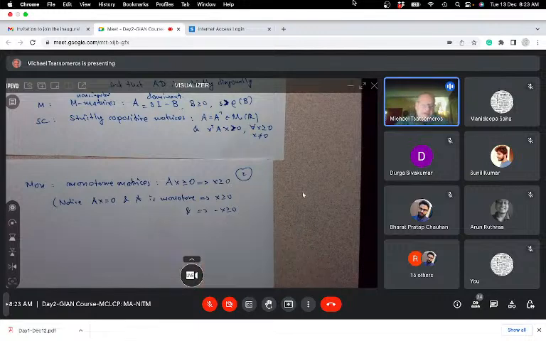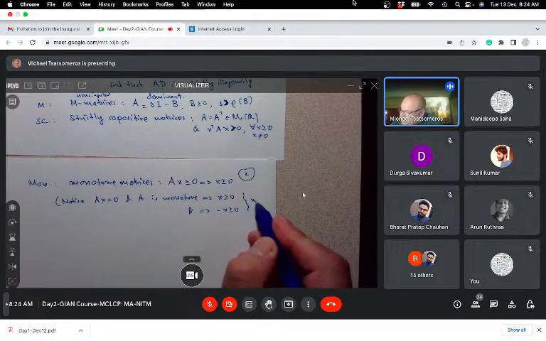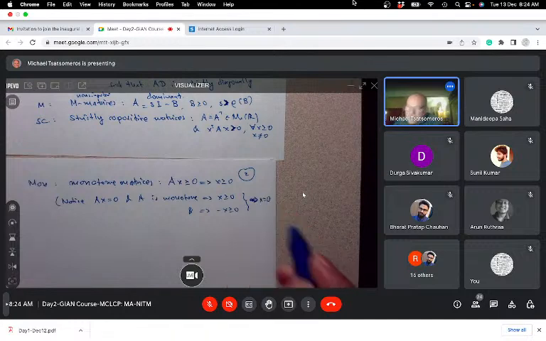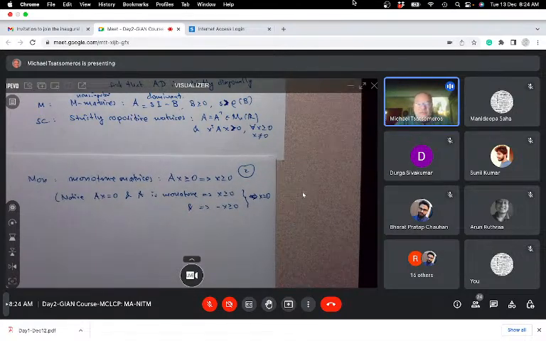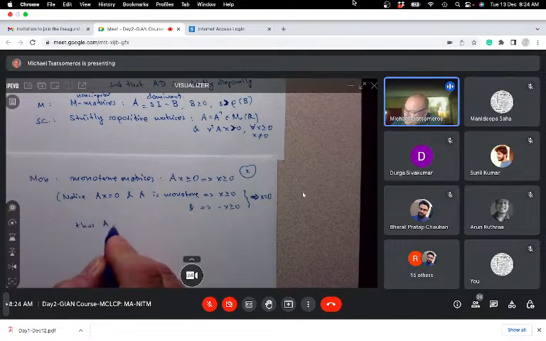Because A times minus X is also equal to 0, of course. So in other words, it implies that X is 0. So for a monotone matrix, AX equals 0 implies that X is equal to 0. So for a square matrix like that, that implies, therefore, that A is invertible.